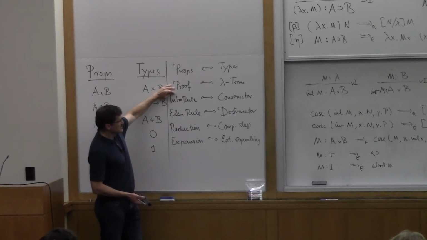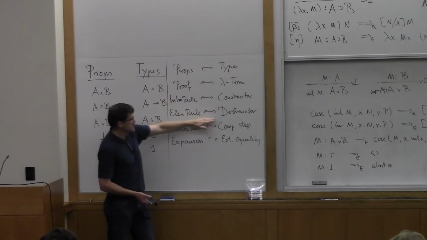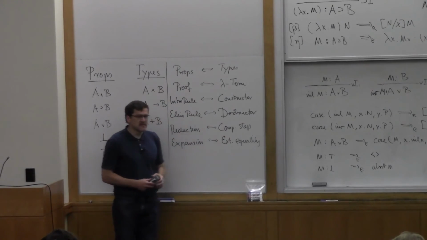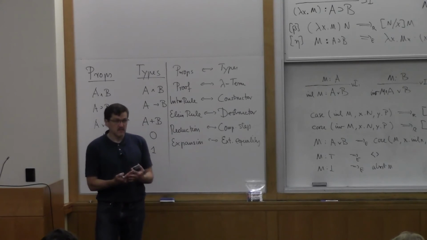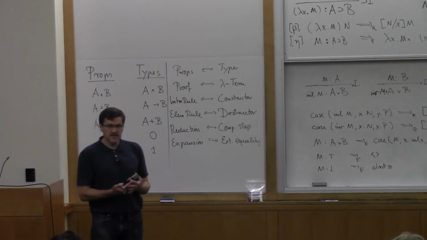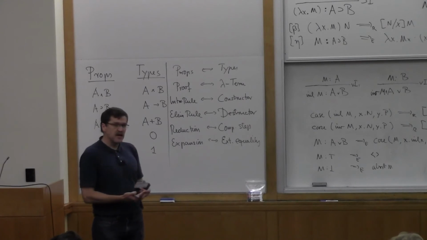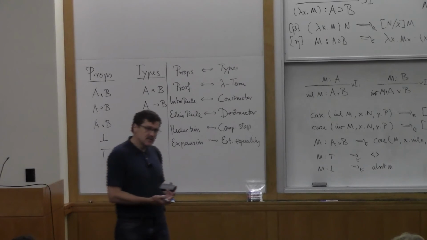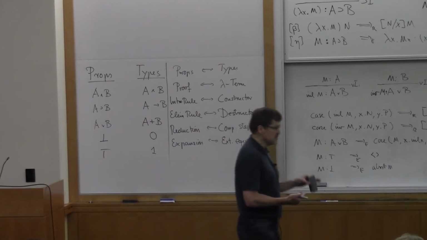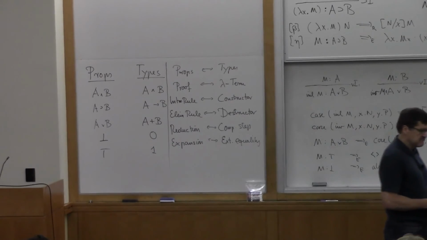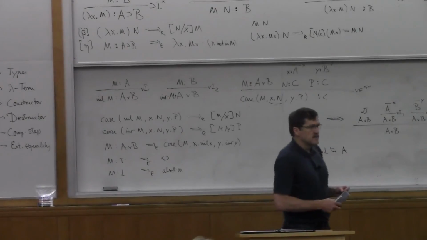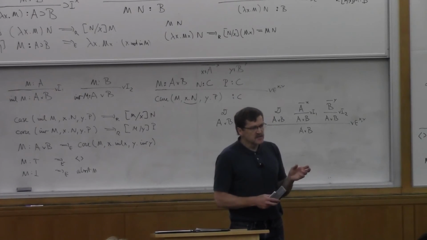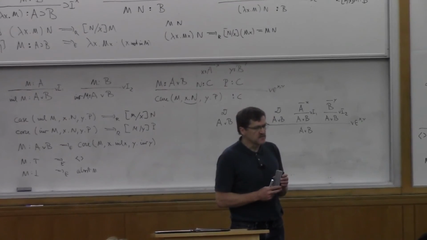The introduction rules are constructors for elements of the type, and the elimination rules destructors. Reductions are steps of computation, and the expansions correspond to extensional equality between computations. So just by doing logic, you can actually derive the laws of a functional programming language up to a point. What you don't get for free, as far as I know, at least from what I've shown you so far, is the strategy that's behind the operational semantics. Should it be by value? Should it be by name? Those kinds of questions, you need other considerations to answer.